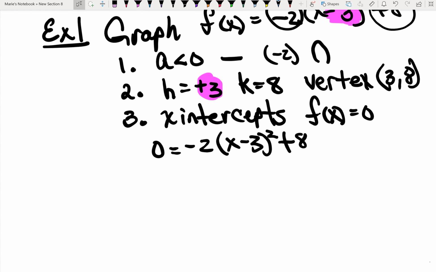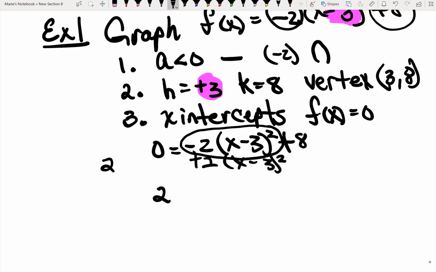All right, and so doing a little math, the first thing we're going to want to do is bring everything that's on this side of the equation over here. So I'm going to add this: plus 2 parentheses x minus 3 squared and bring it over here. So 2 parentheses x minus 3 squared is equal to 8.